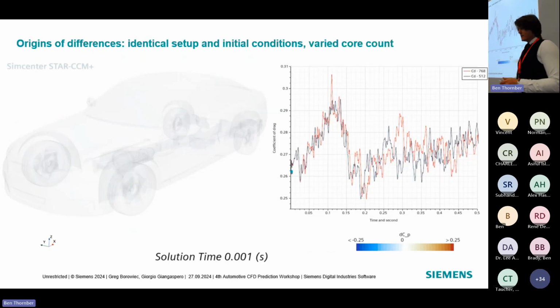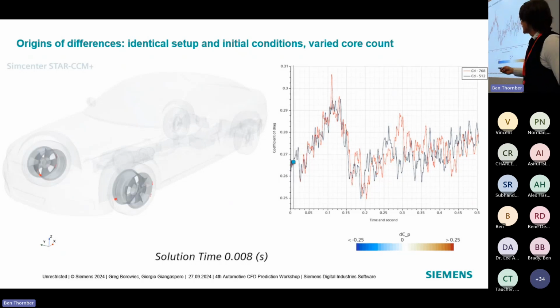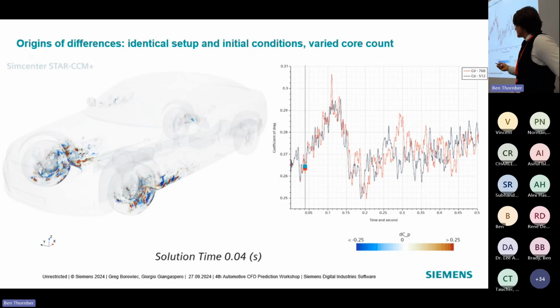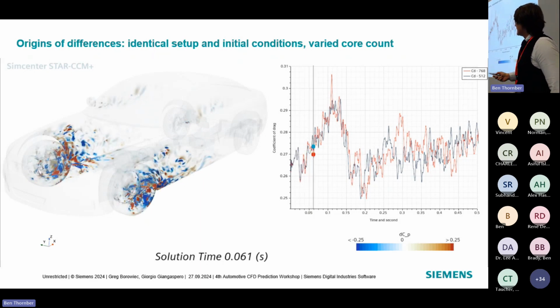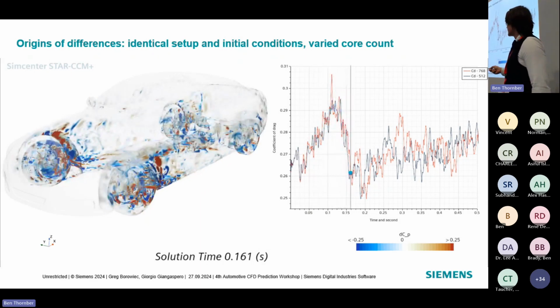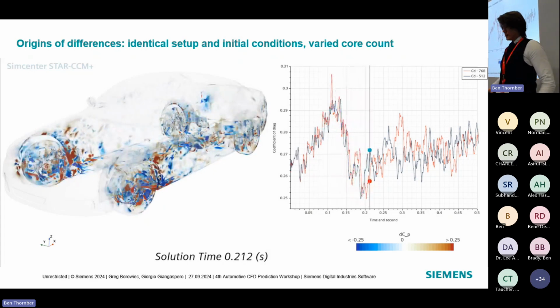This video I'm about to show you shows differences of pressure distribution on the body of the car for the same simulation, just run with a different number of cores. We can see that the differences originate first on the rings, and then they emerge independently on some pillars, on the bumper and mirrors.